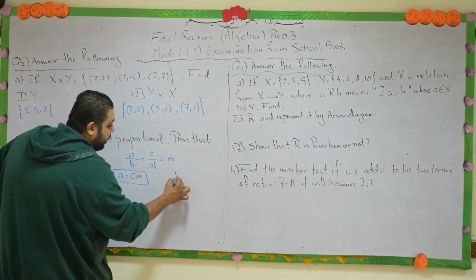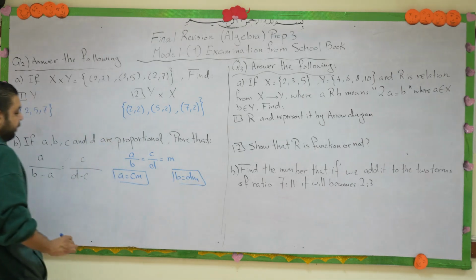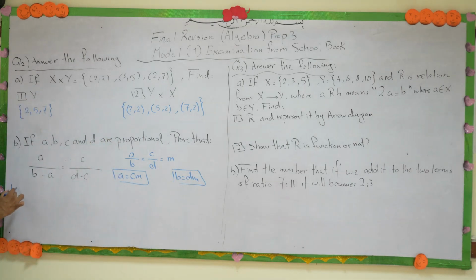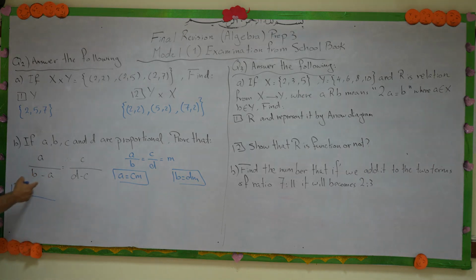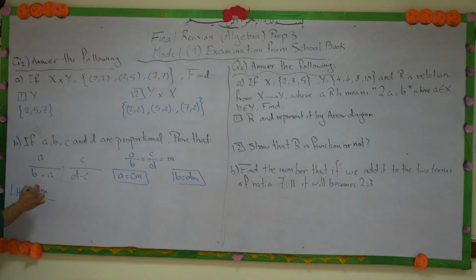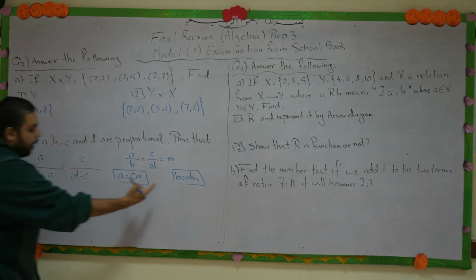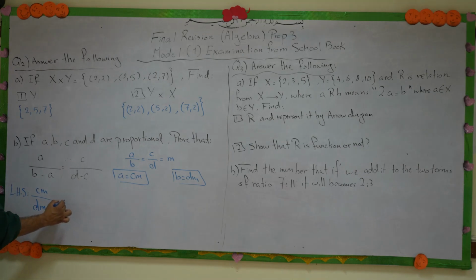Now we simplify the left-hand side, which is a over b minus a. We substitute a by cm and substitute b by dm, minus cm.